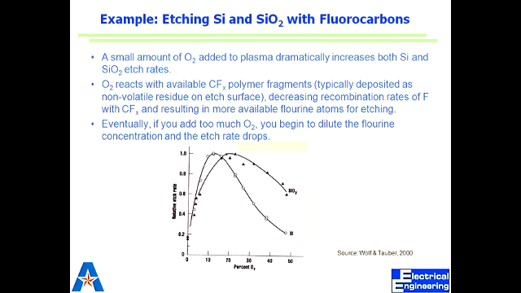How about adding hydrogen? First of all, do you think hydrogen should react with fluorine or with carbon? Fluorine. So hydrogen actually reacts with fluorine. When fluorine reacts with hydrogen, we get HF.